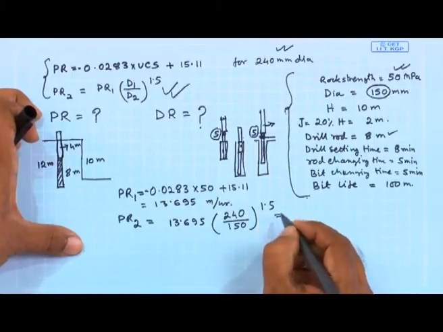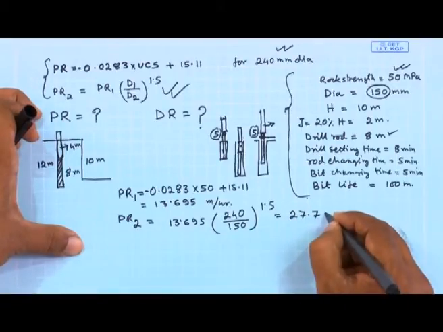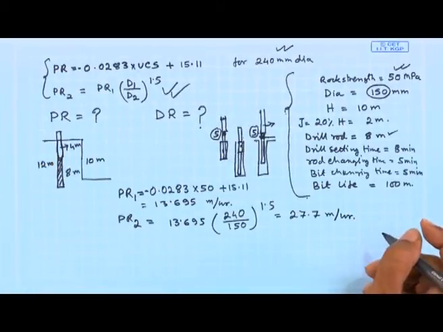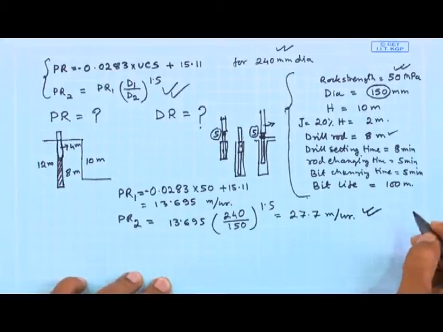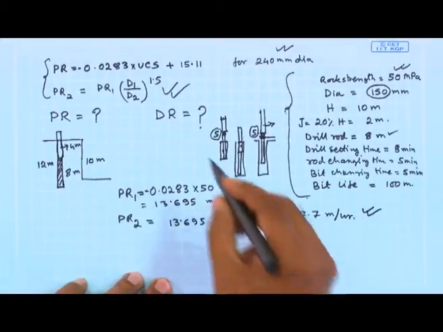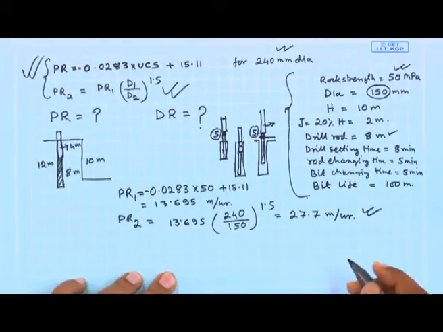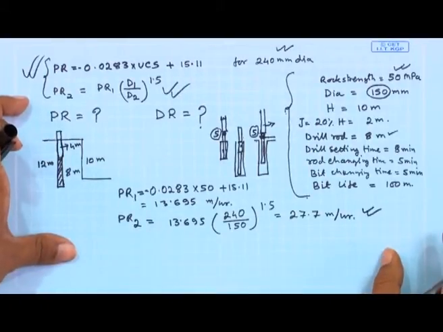So, now we are getting around 27.7 meter per hour. So, this is the penetration rate we have computed using these two penetration rate formulas provided to us based on the different drilling experiments by the manufacturer.